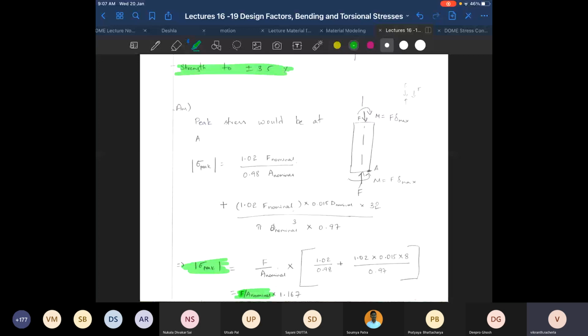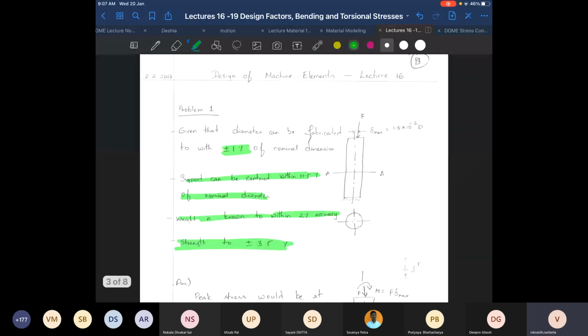Nominal is the specified value, but in reality that may not be true. So if it is some static weight or force that you are applying, then the minimum design factor you have to consider is 1.167 in this application. You can see that the numbers are not very big in terms of the accuracy of fabrication, or the locating of the load.